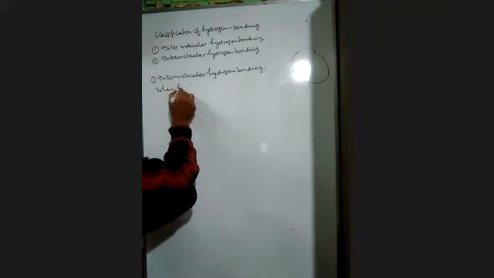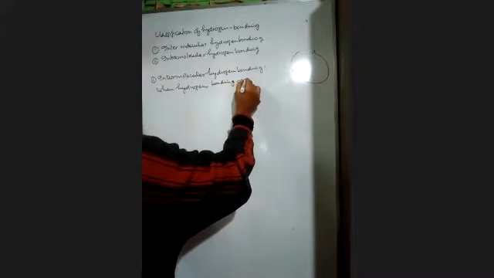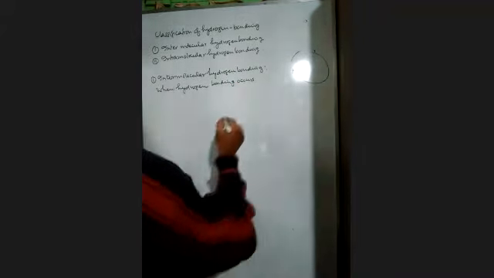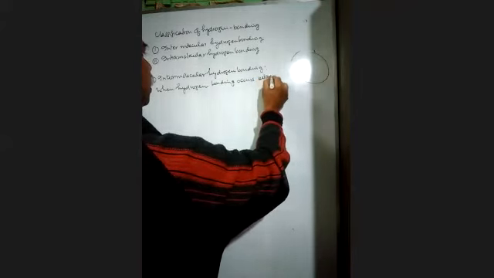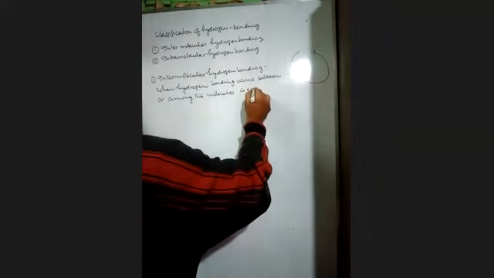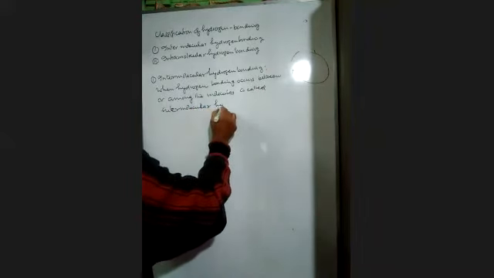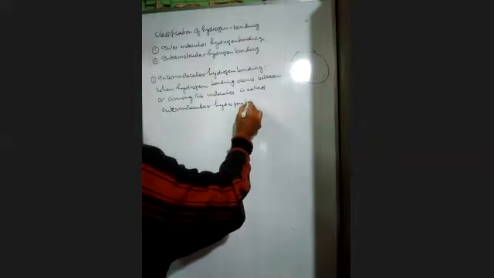When hydrogen bonding occurs between or among the molecules, it is called intermolecular hydrogen bonding.